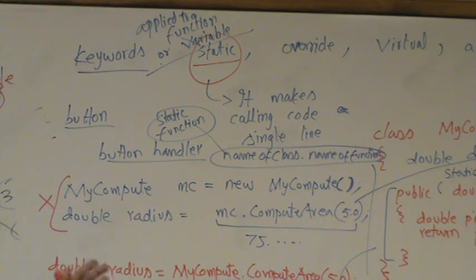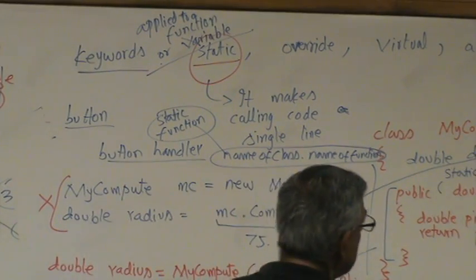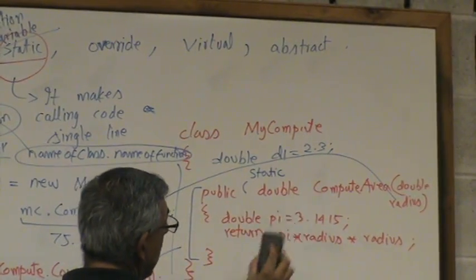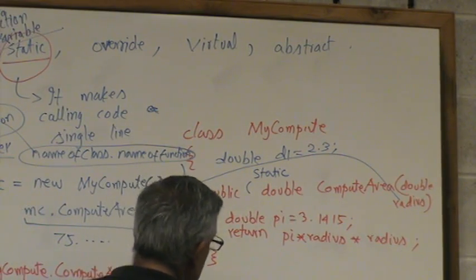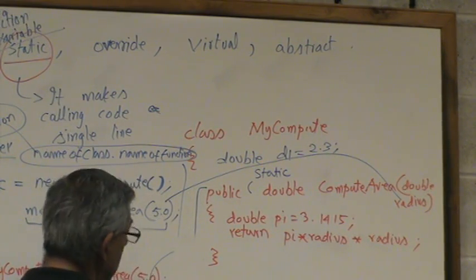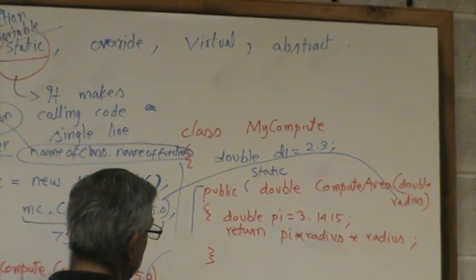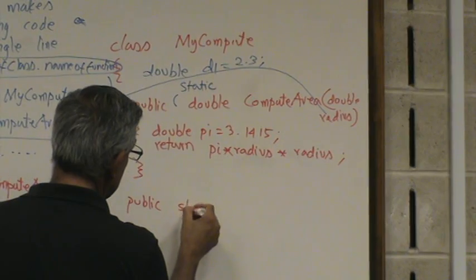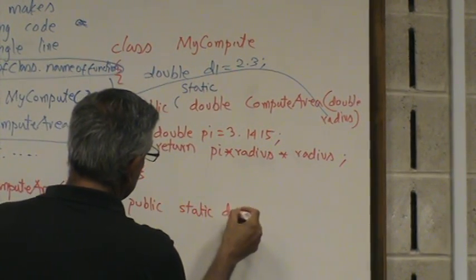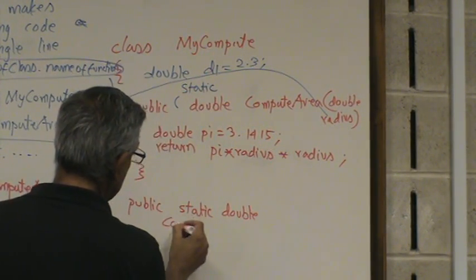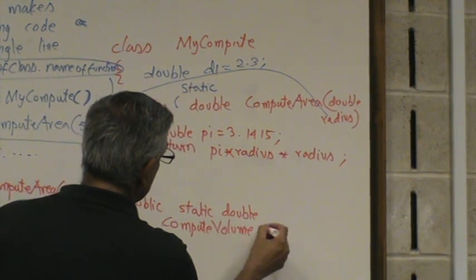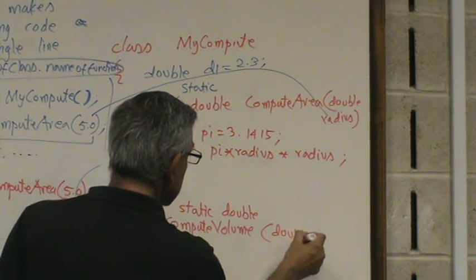Okay, so now let's modify things a little bit. What if I did this? I marked it static, right? But instead of putting pi over here, suppose I also have one more function over here, public static double compute volume, double radius.